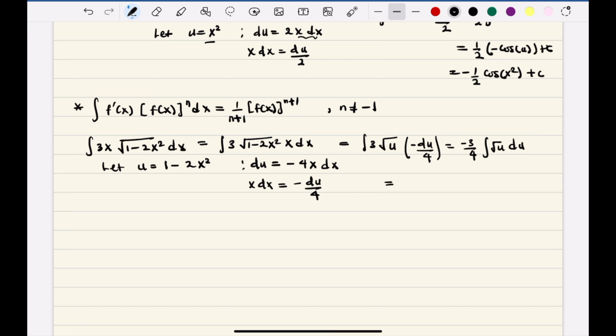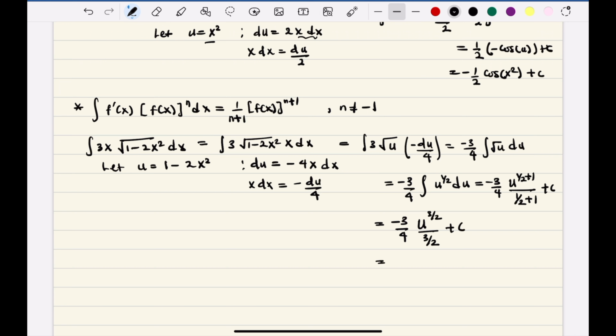Now I'm going to have the integral of u raised to power 1 over 2 du, which is exactly negative 3 divided by 4 times the integral of u raised to power 1 over 2. How do we integrate that? This is u raised to 1 over 2 plus 1, divided by 1 over 2 plus 1, plus c. Then we have negative 3 divided by 4, u raised to power 3 over 2 divided by 3 over 2, plus c.